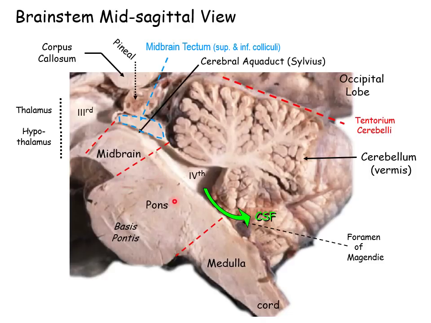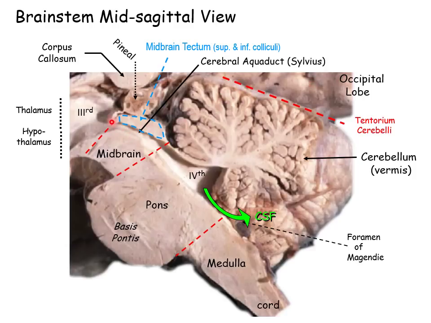And then inferior to the pons, we see the medulla. And below the medulla, the spinal cord. And behind the pons, we see the cerebellum and the outer portions of the cerebellum that are referred to as the vermis. We can see the tentorium cerebelli is sitting right here between the cerebellum and the occipital lobe.